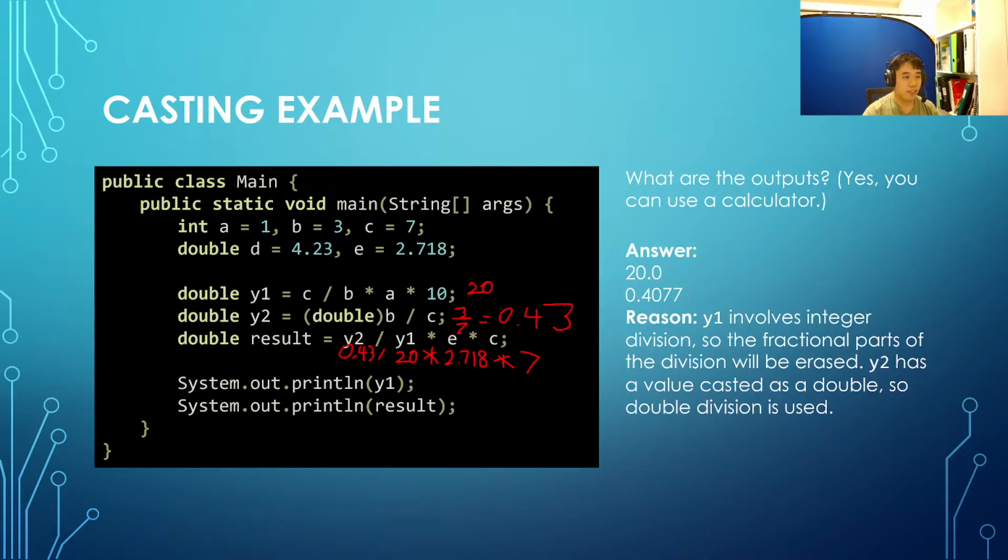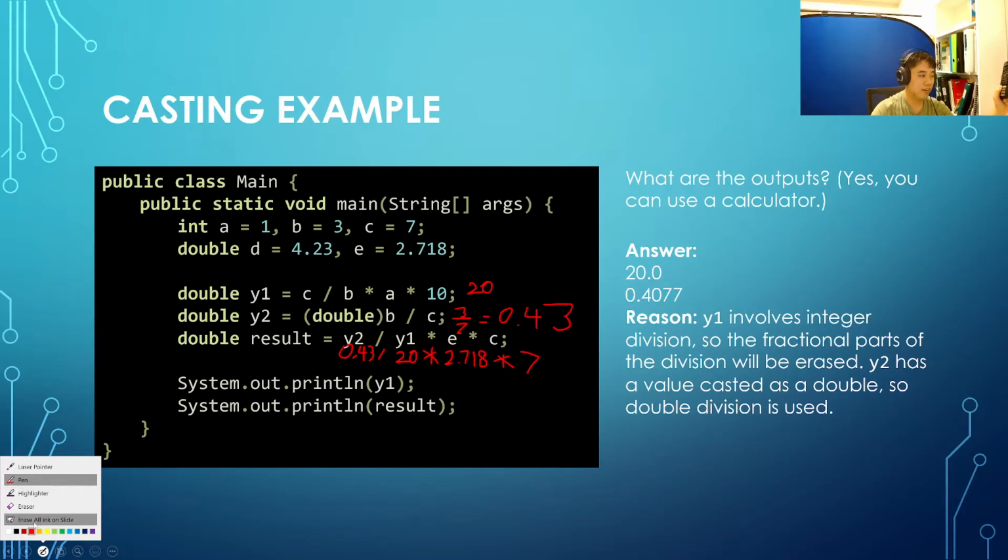I actually got these from Replit, but it's really close. One thing to note is that the operation B divided by C for y2 stores more digits than what's shown here. But you're supposed to get 0.4077 if you put it on Replit.